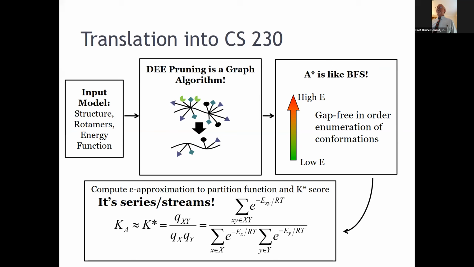This algorithm here is basically a graph algorithm. And A star is basically a version of best first search. And these enormous streams of Boltzmann weighted energies are basically an infinite series or a stream. So the techniques we have developed in mathematics and computer science, even at a sophomore level class, can be extremely useful for shedding light on these things. And I want you to be able to communicate back and forth between these.